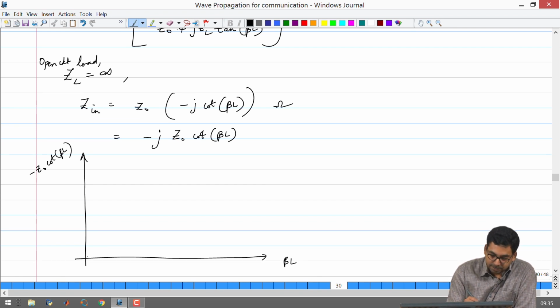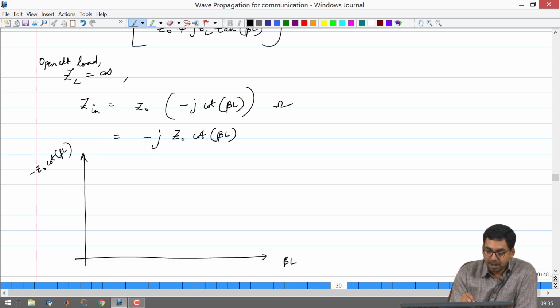So, at beta L equal to 0, tangent will be equal to 0, cotangent will become infinity, and because we have a minus sign in front of it, we will have minus infinity. Let us for now forget about this j. Let us just understand that Zin is purely reactive, it does not have any resistive part, that is what this j is telling us.